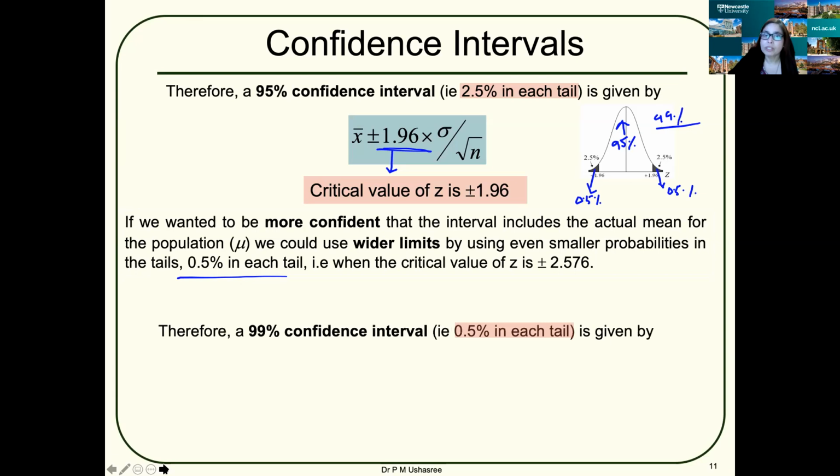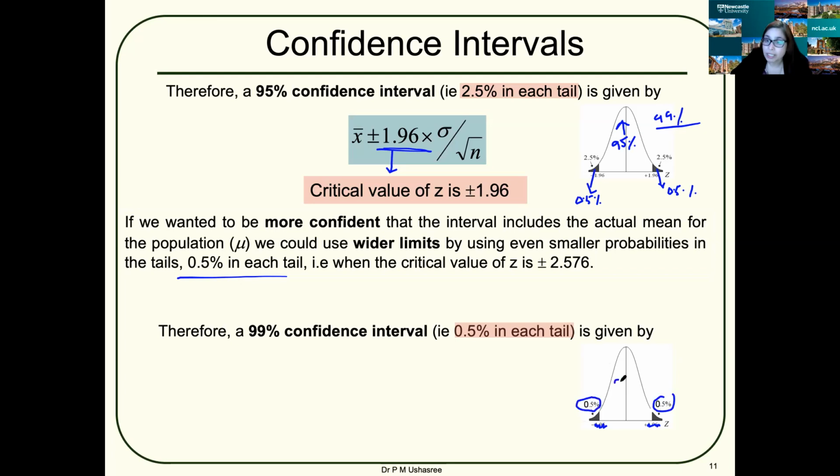Let me show you how the distribution will look. So that means in the tail, you have 0.5%, 0.5%. You have increased the limit now. You have widened the distribution. So you only have 0.5%, 0.5%. So what percentage are you confident now?